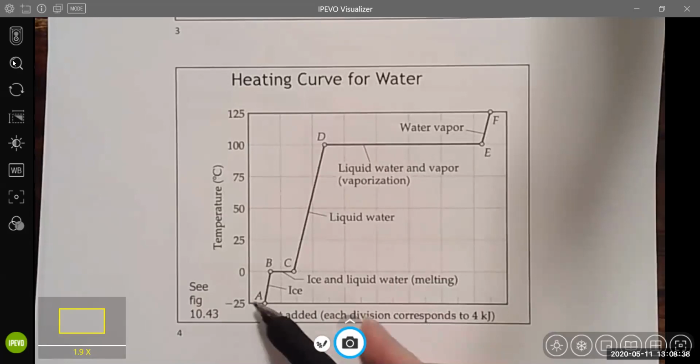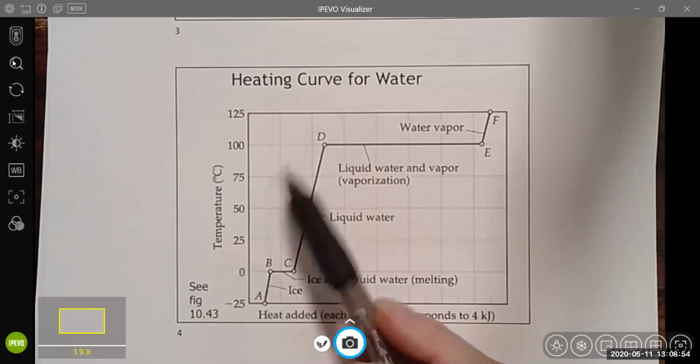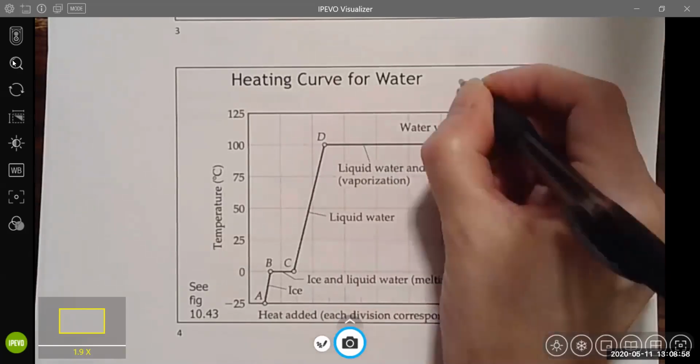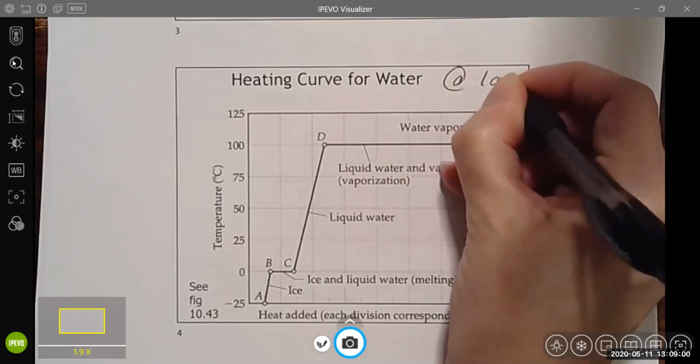So down here, point A represents the starting point in this graph. And in this graph, we happen to start at negative 25 degrees Celsius. You don't have to start there. That's pretty random. You can start anywhere, but this is negative 25. Because this is for water, and this is going to be at 1 atmosphere.